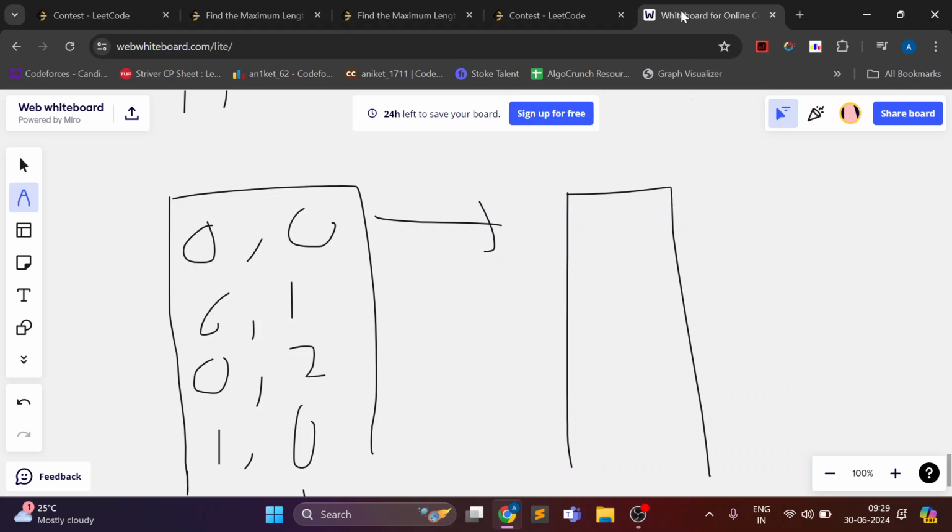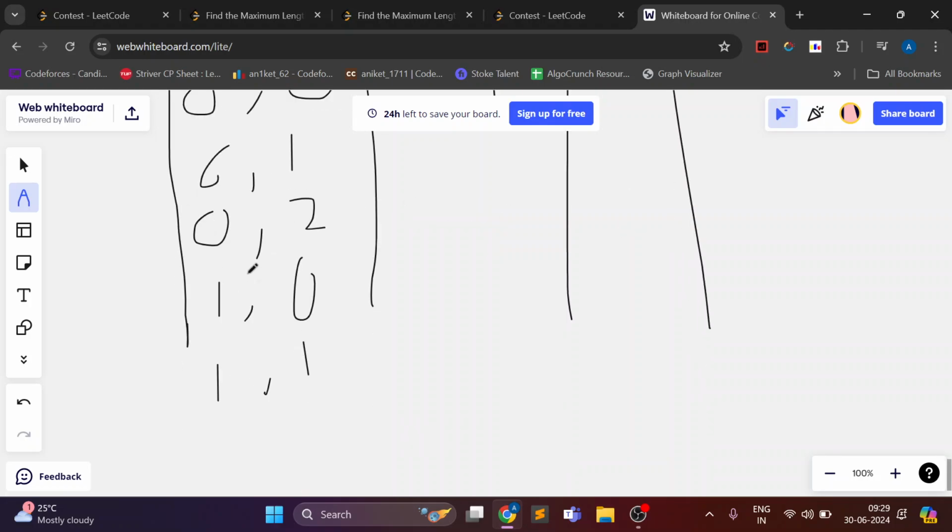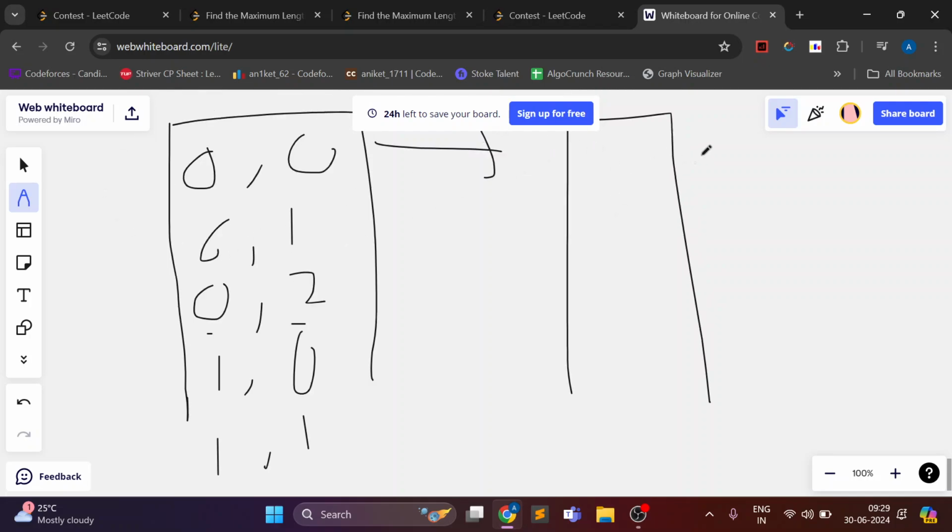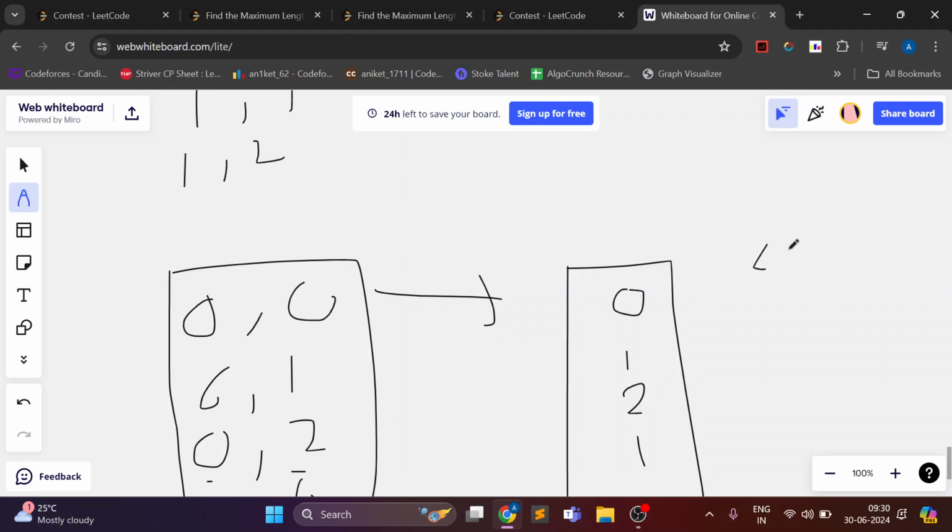Now how can I do that? There we can use the sum of these values. That means for this alternative sequence, these two values, let's represent the sum as 0 1 2 1 2. Now this sum would be less than 2k and greater than or equal to 0.